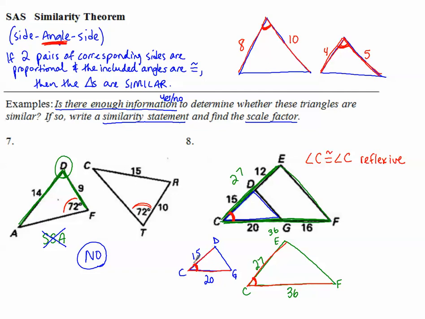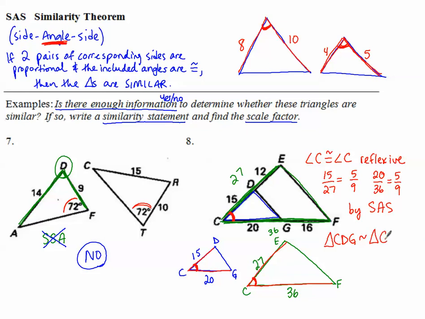Let's see if the surrounding sides are proportional. So I'm going to do 15, the little side, over the little side 27, and we'll reduce that. That reduces to 5/9. And then the large side, 20 over 36, that also reduces to 5/9. So yes, by side angle side, there is enough information to say that triangle CDG is similar to triangle CEF.